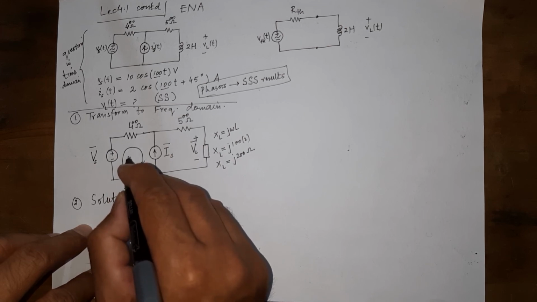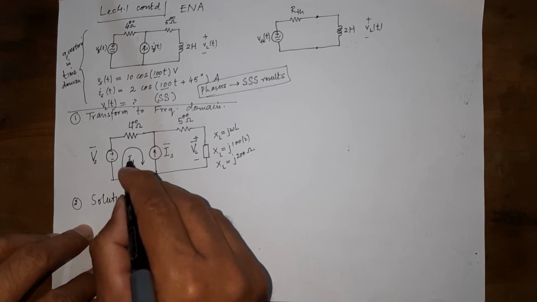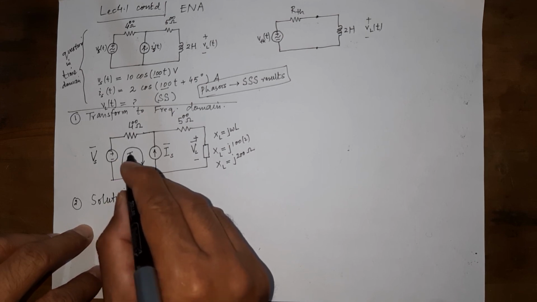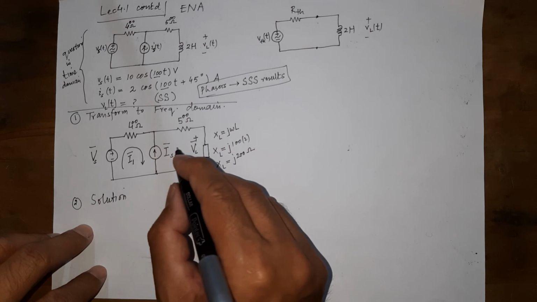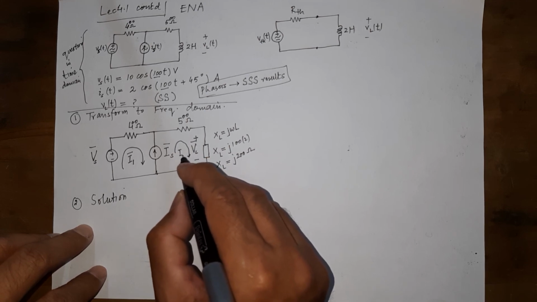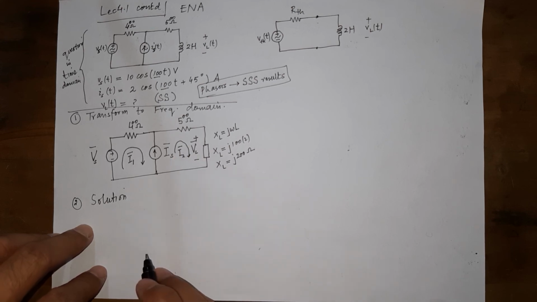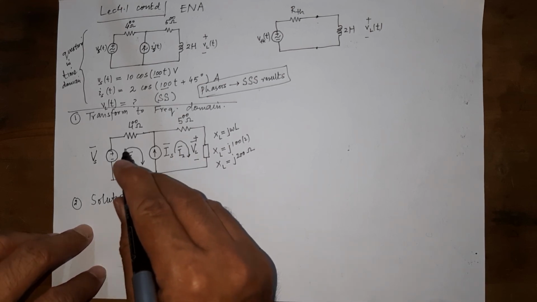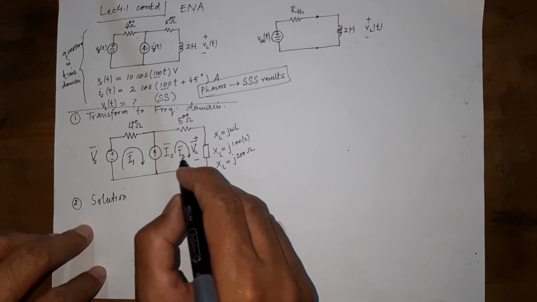So let us choose MCA to solve it. Now in MCA, this is a phasor current I1. Although writing this bar again and again is not easy, but I am writing it till it is easier to do. So let this mesh current be I1, this mesh current be I2.